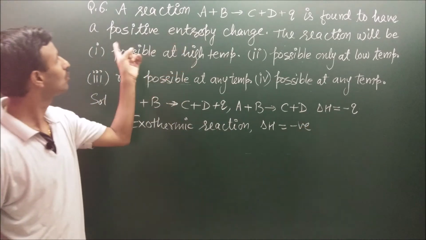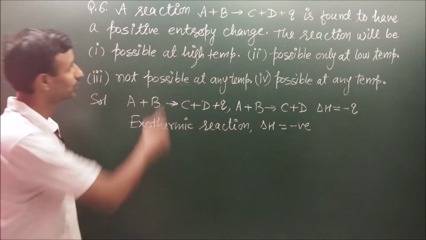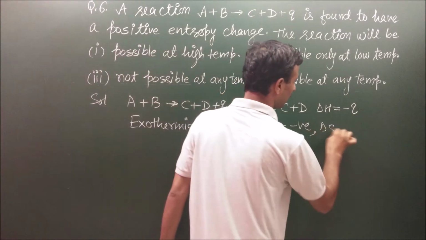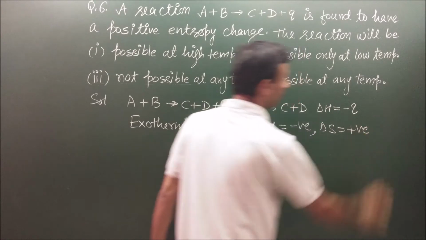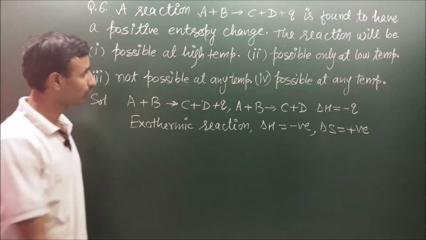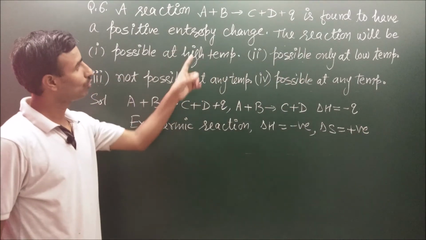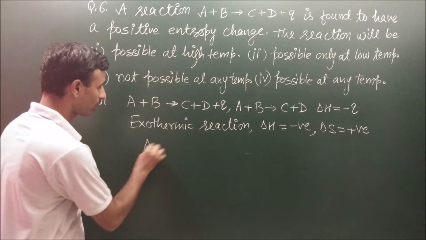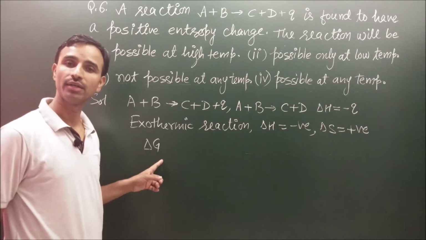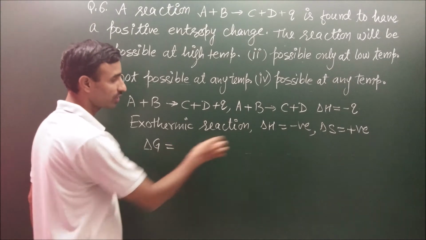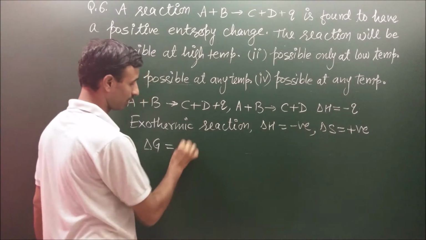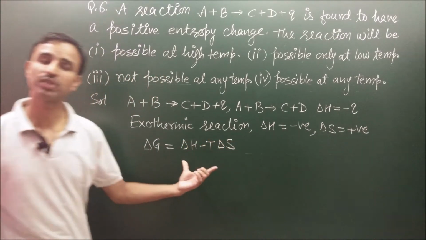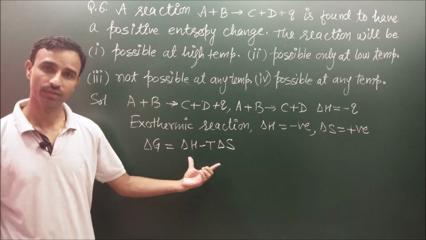Now it is found to have positive entropy change. That means delta H is negative, delta S is positive. And you know, to see the feasibility of the reaction, we take into account delta G, and delta G is related to delta H and delta S by this relation. This is the Gibbs-Helmholtz equation.